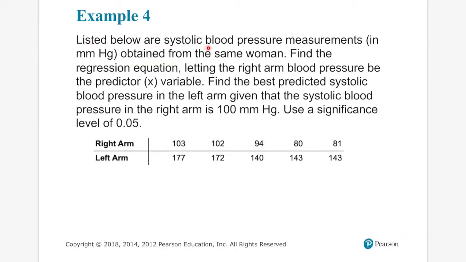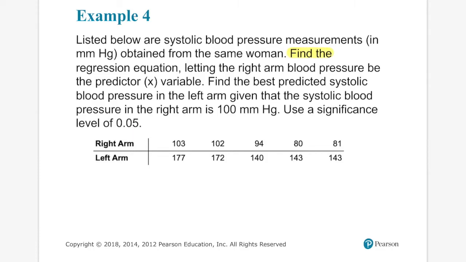Example 4. Listed below are the systolic blood pressure measurements obtained from the same woman. Find the regression equation, letting the right arm blood pressure be the predictor x variable. Find the best predicted systolic blood pressure in the left arm, given that the systolic blood pressure in the right arm is 100. Use the significance level of 0.05.